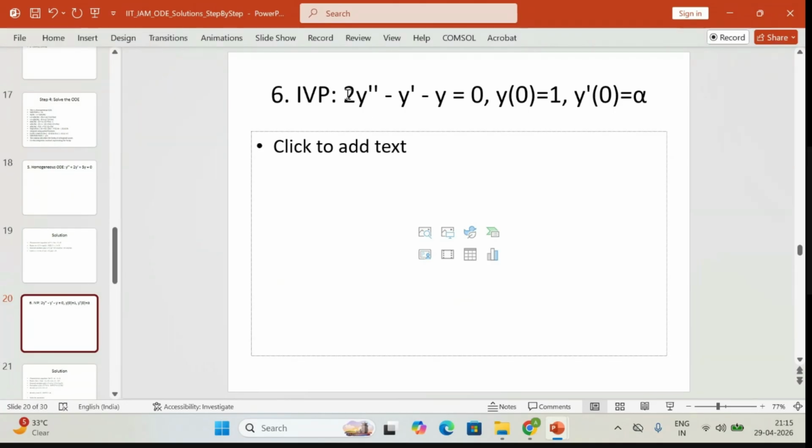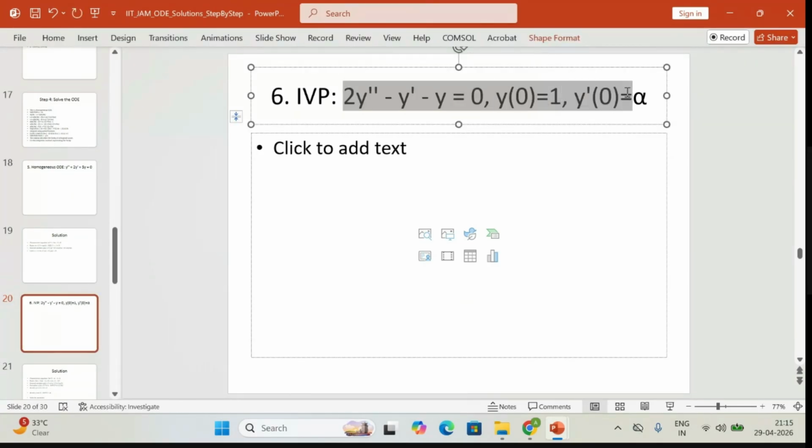Yes, solve this IVP. Here, 2y double prime minus y prime minus y equals 0.